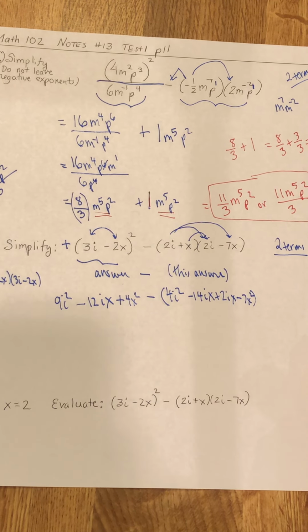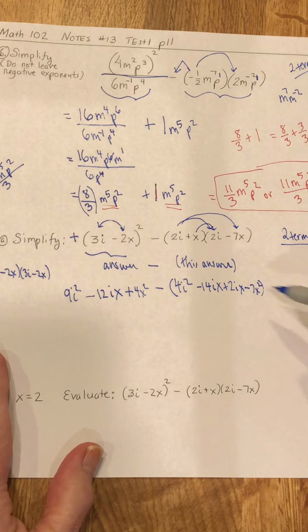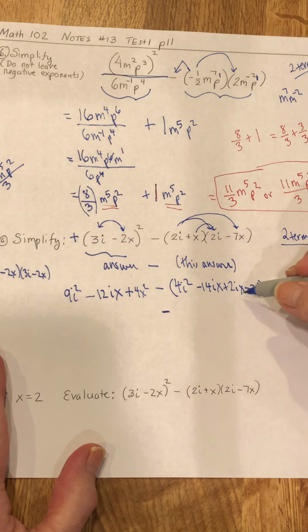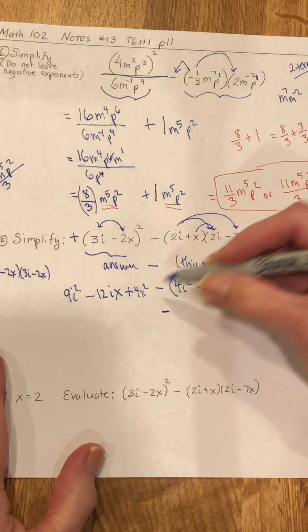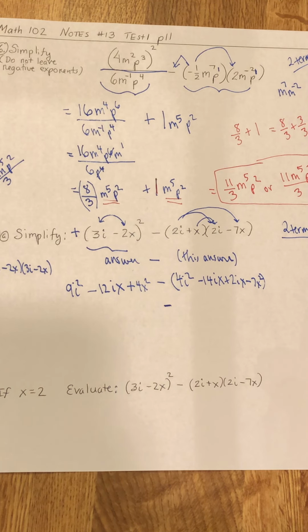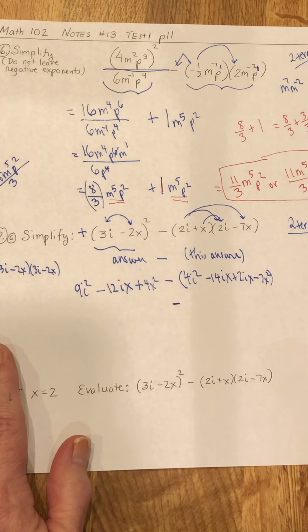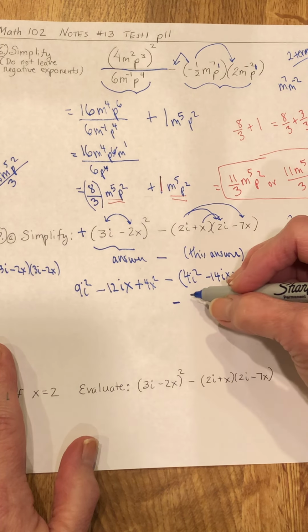Okay. Now, here we do have like terms in the middle, and you can opt to add your like terms in the middle first, or you can opt to go ahead and distribute the negative. I won't care. It doesn't matter. I'm going to go ahead and distribute the negative because of space.